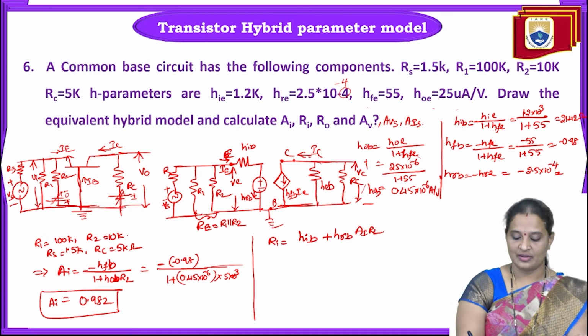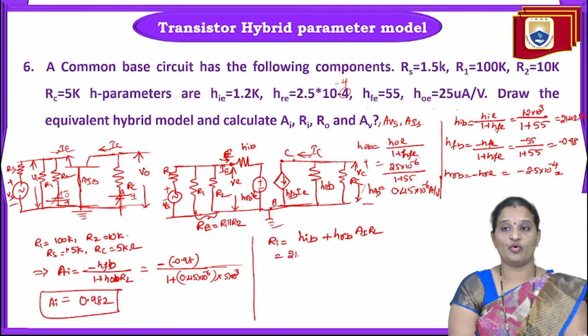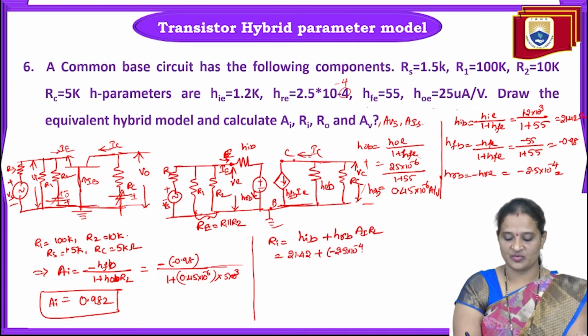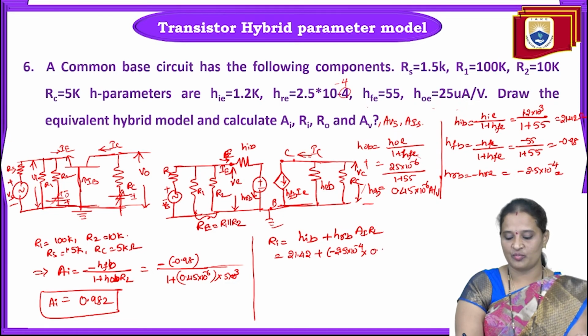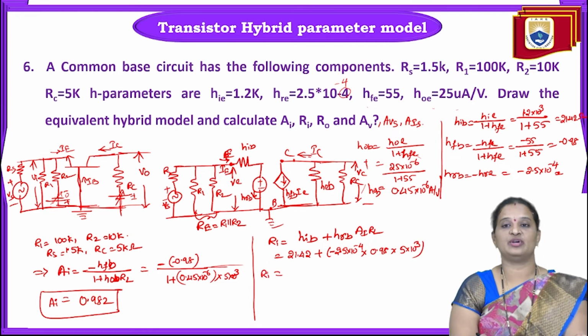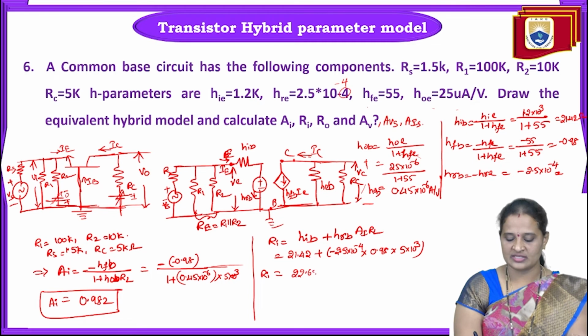The hib value we know: 21.42 ohms, plus the hrb value, minus 2.5 into 10 to the power of minus 4, into the current gain 0.98, into the RL value 5 into 10 to the power of 3. If I evaluate this, I get the input impedance as 22.65 ohms.